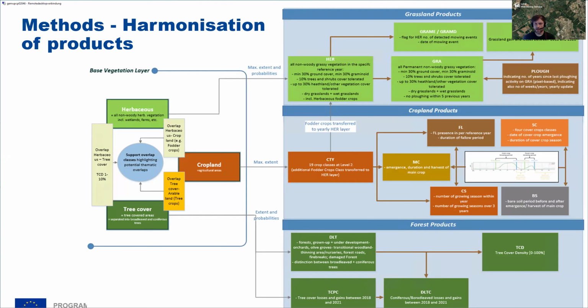For the cropland products, the BVL serves only as the maximum extent. Here separate classification probabilities are calculated. And for the forest product, the BVL also serves as the maximum extent and provides probabilities, which are then further used for the production of the actual products.